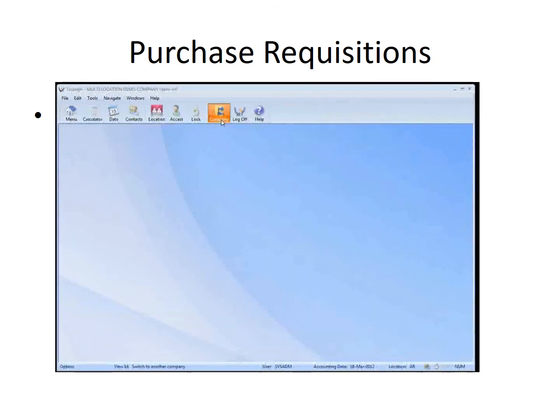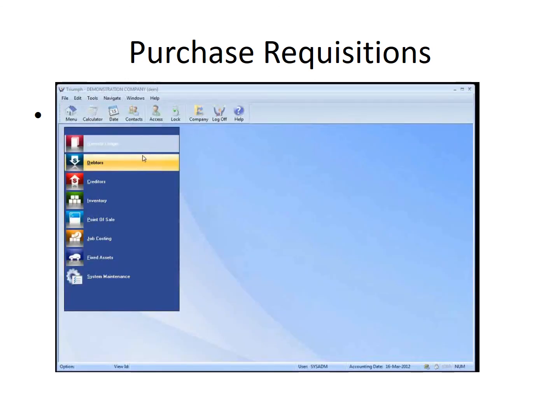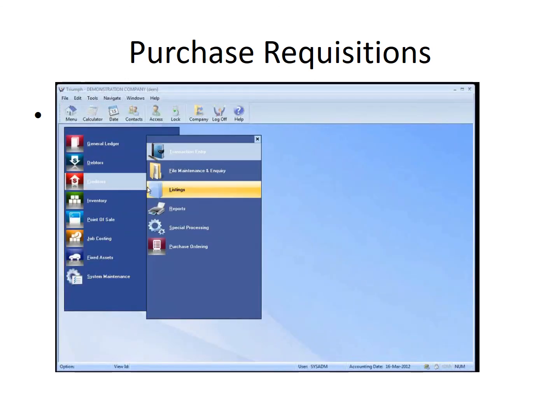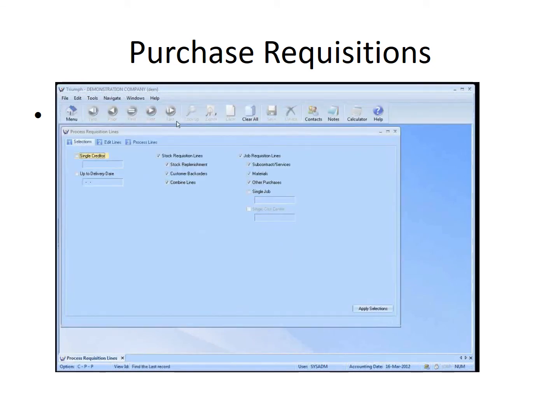So I'm going to swap companies temporarily so we can see this. Once I've actually got this going with process requisition lines, I can actually then choose to do it for a single creditor up to a certain delivery date. I can do stock replenishment coming from my min-maxes or my sales statistics report.